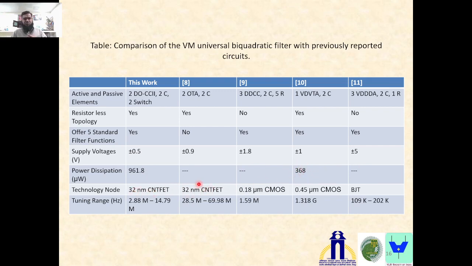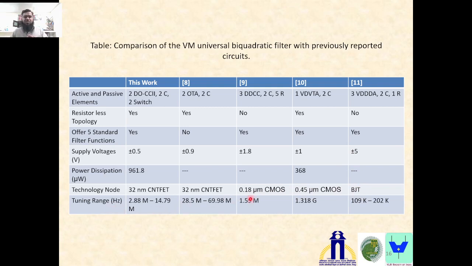On technology, these two papers, our work and this reference 8, use CNTFET. These two have CMOS of 0.18 micrometer and 0.45 micrometer, and this one is based on BJT.